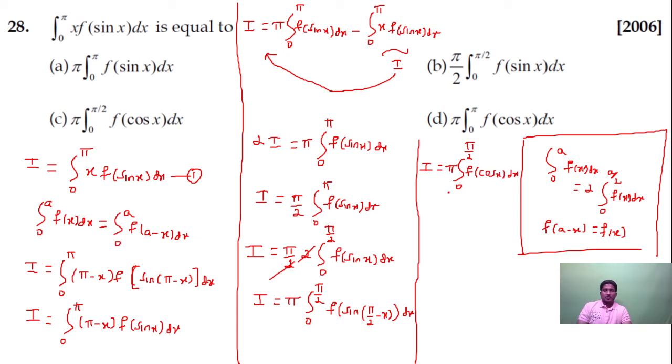That's the answer, guys: I is equal to pi times integral 0 to pi by 2 f of cos x dx. Answer is option C. Good question.